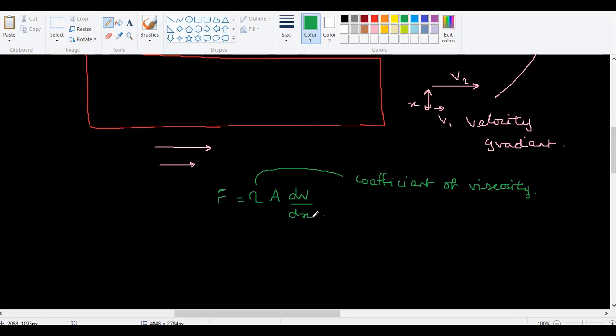If I want to understand what eta is, I can write this with A on the other side: force by area divided by dV by dx. What is force by area? It's shear stress. This will be called shear strain, but it's the rate of change of strain.